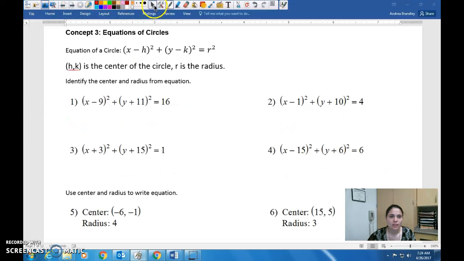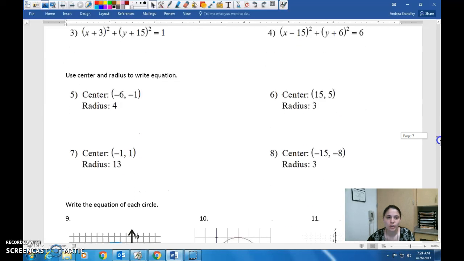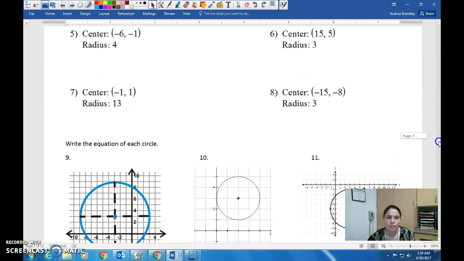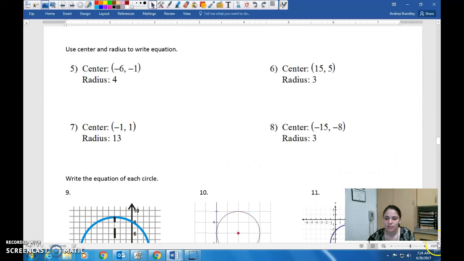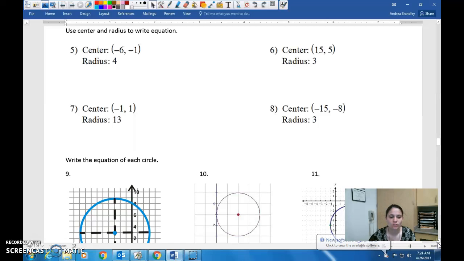Okay, so the next section gives us the center and radius and wants us to write the equation. So we're kind of going backwards from what we just did. If I have a center at (negative 6, negative 1), I would write my equation x minus a negative 6, so (x plus 6) squared, plus y minus a negative 1, or (y plus 1) squared, equals 4 squared, and 4 times 4 is 16.